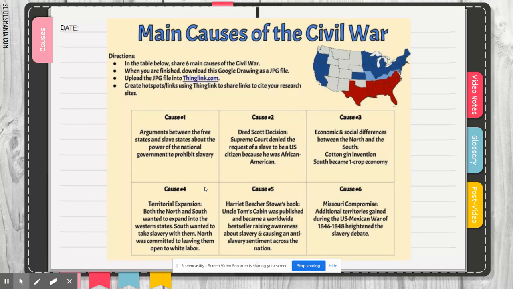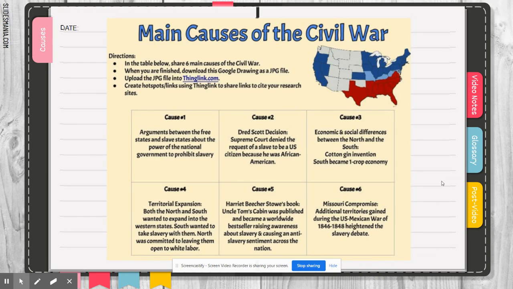Cause number four, territorial expansion. Both North and South want to expand westward, and the South wants to bring slavery with them, and the North wants it to stop. Number five, we've got the literature that we talked about. Harriet Beecher Stowe's book, Uncle Tom's Cabin, was published and created this big anti-slavery movement across the country.